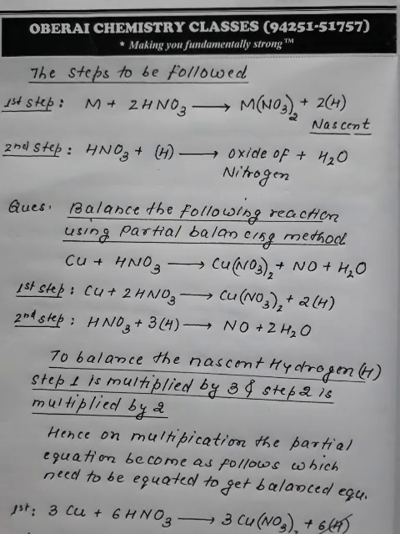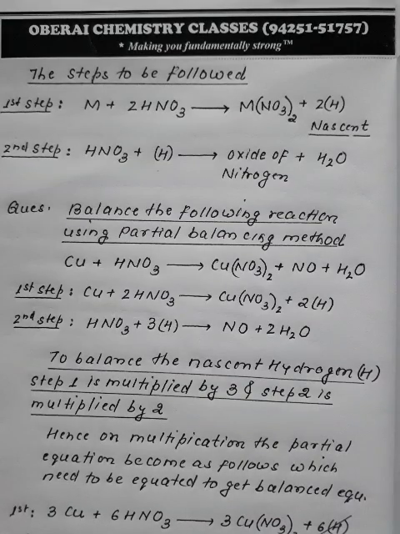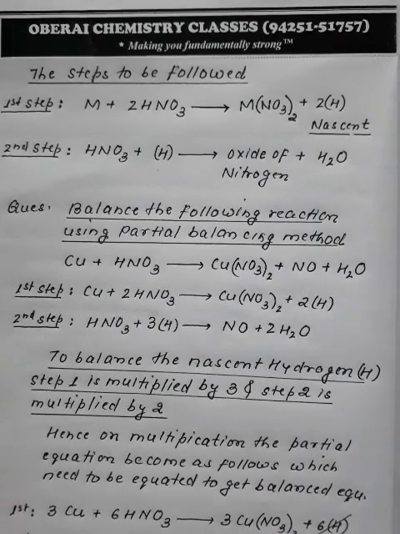So let us discuss. The reaction is based on the partial balancing method of balancing a chemical equation between copper and nitric acid, or as such any metal and nitric acid, and it is based on two steps.